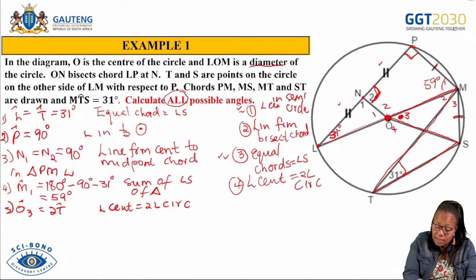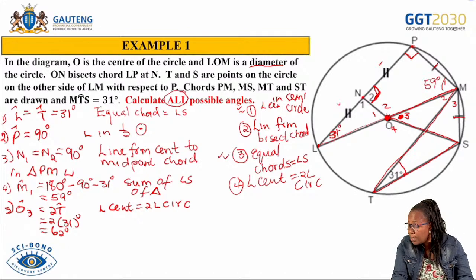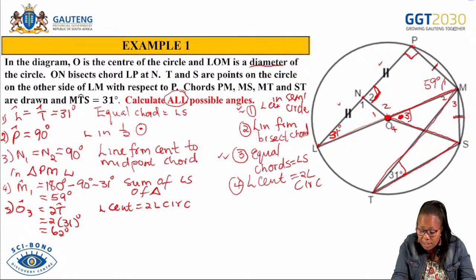How much is T? That will be 2 times 31 degrees, which gives us 62 degrees. After calculating this, we put the value into the diagram: 62 degrees, grade 12. Can you see how easy we can do that?